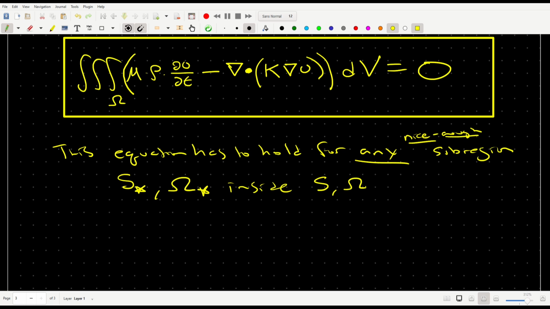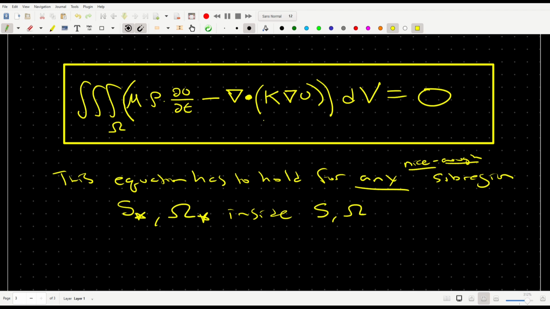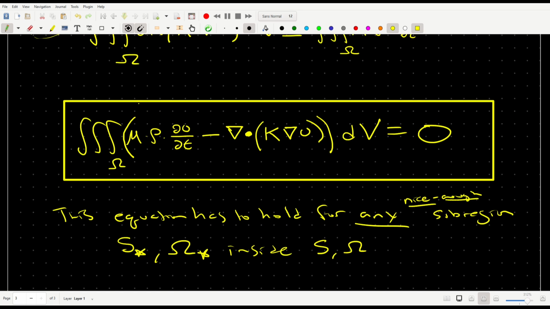And this is the key here. The only way that this can happen is if this function vanishes. So this function is equal to 0 inside all of S times omega. And so this is the integral form of the heat equation.